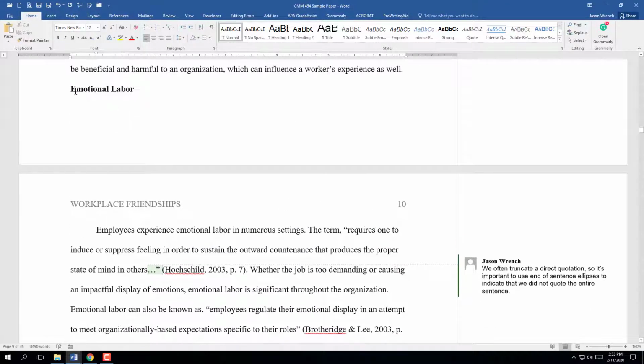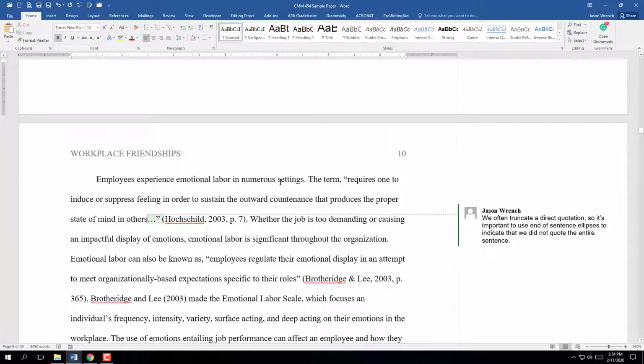The next section here, as you're going to see, is on emotional labor, which is a different term. And one of the things I want you to see here is right off the bat, it provides a definition. In a typical literature review, in a given section, you may only have one, maybe two direct quotations. As such, it is very important to use your direct quotations sparingly.